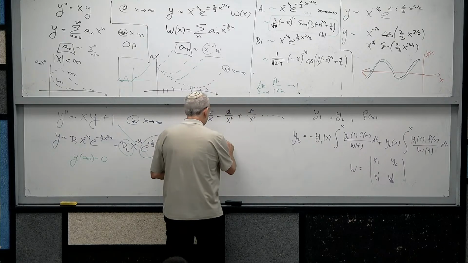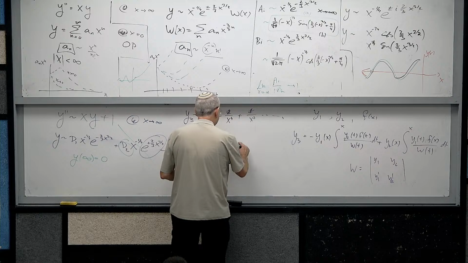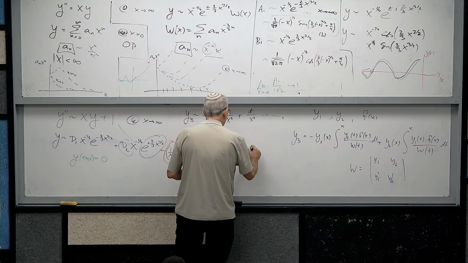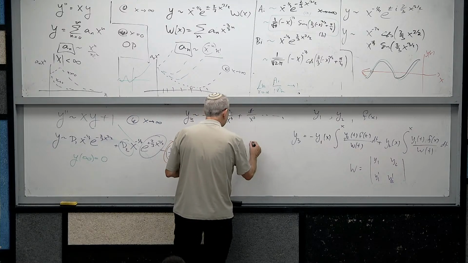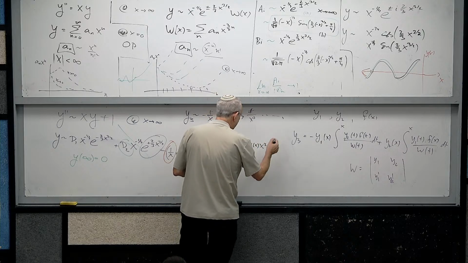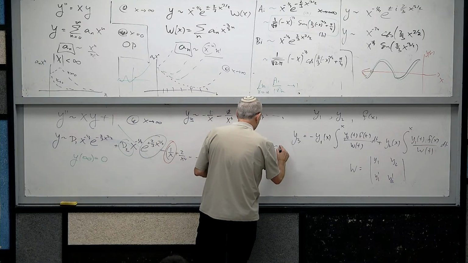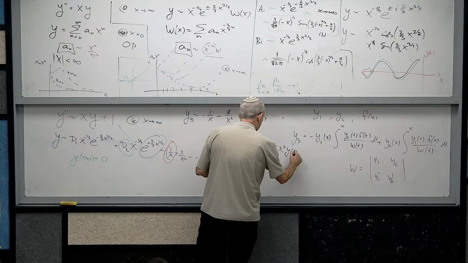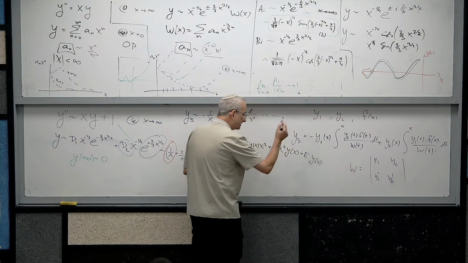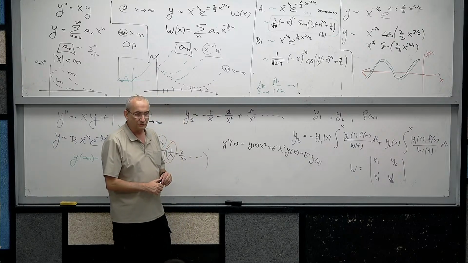Suppose we have something like y double prime of x plus y of x times x squared, which is something like a harmonic oscillator, plus epsilon x to the 4 y of x equals E y of x. That's like an anharmonic oscillator.